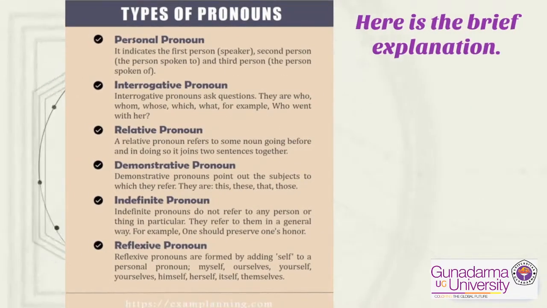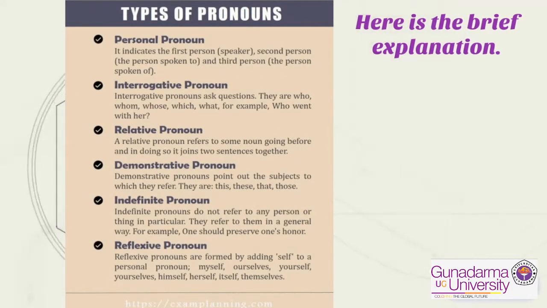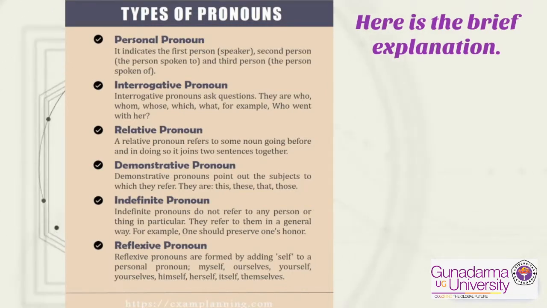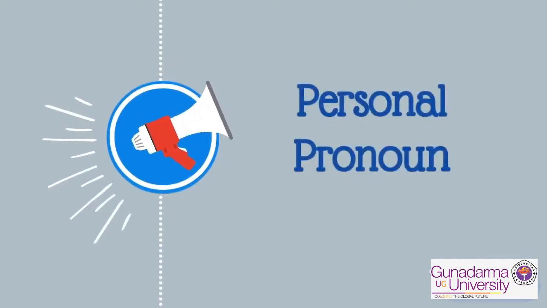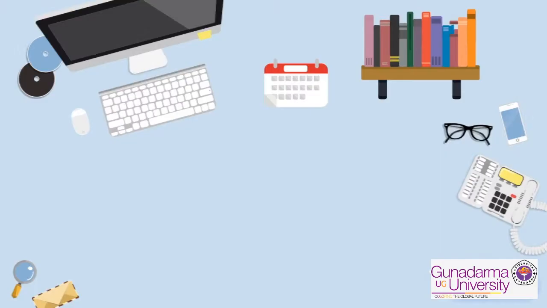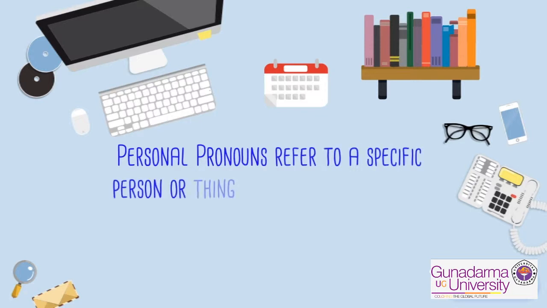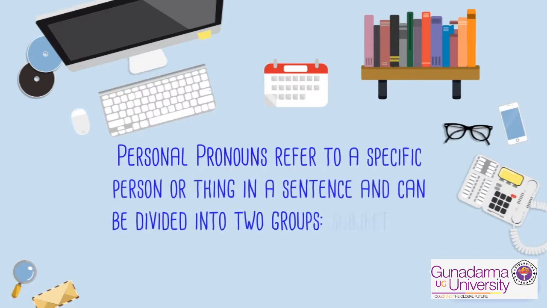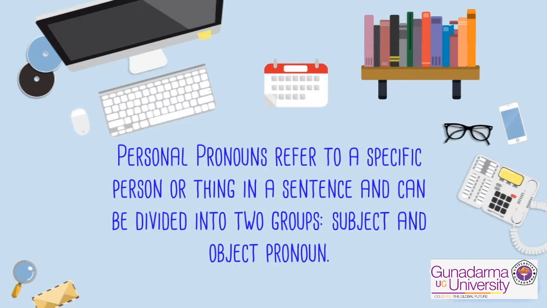Here is the brief explanation. Personal pronoun. Personal pronouns refer to a specific person or thing in a sentence and can be divided into two groups, subject and object pronoun.